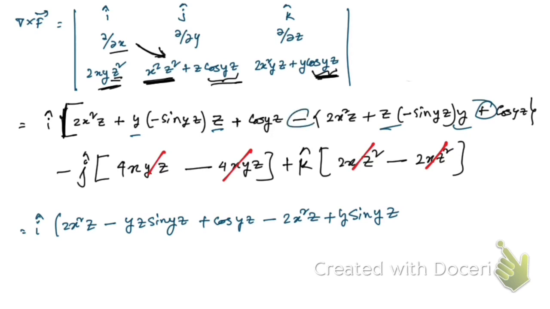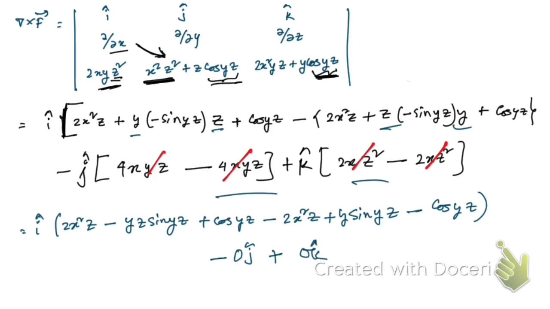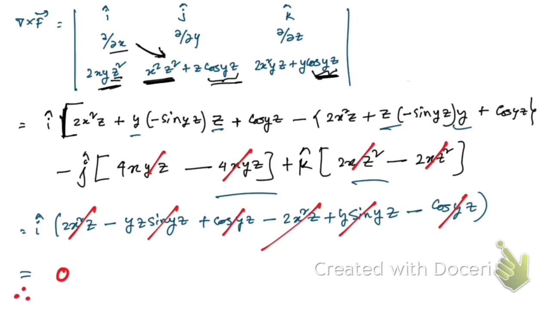Then this plus sign, because of this minus, that's going to be minus cos yz, that's what we have got. Then minus 0 j cap, then plus 0 k cap, that's what we have got from these two, right? So that means these things become 0. So here you see this one cancels this one, this cancels this one, then this cancels this, so finally we have got 0, right?